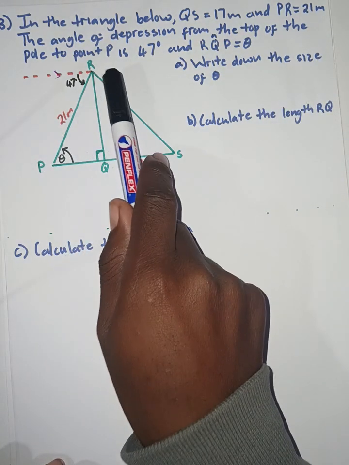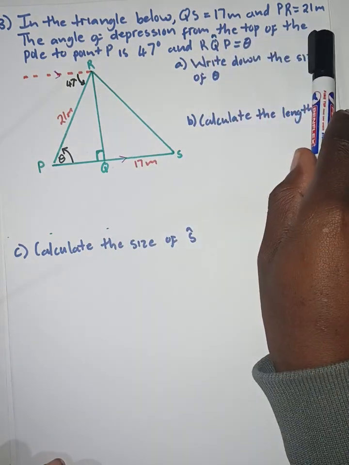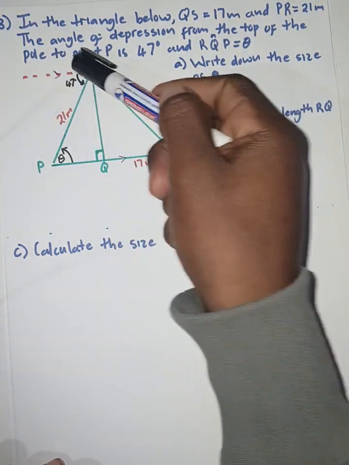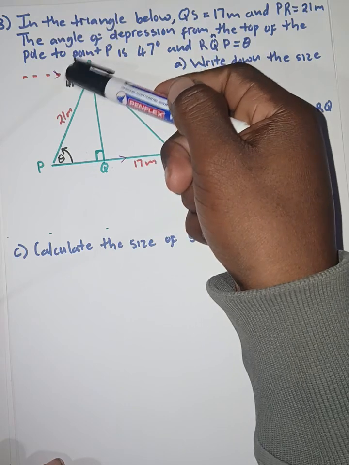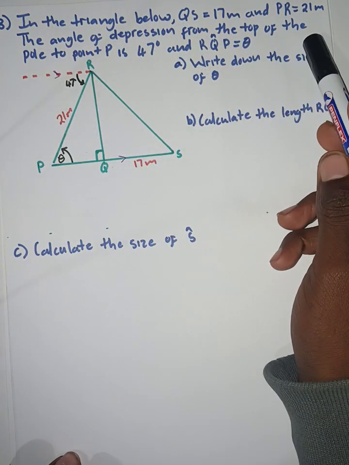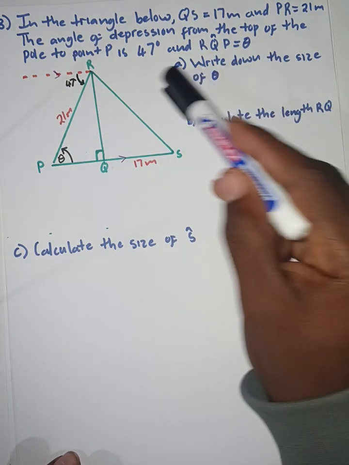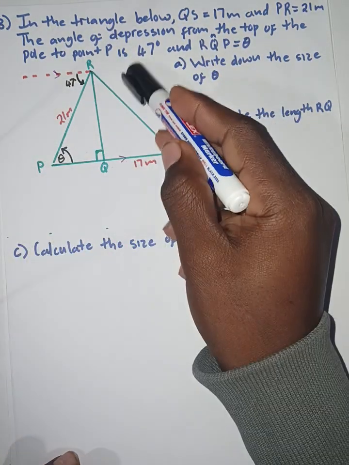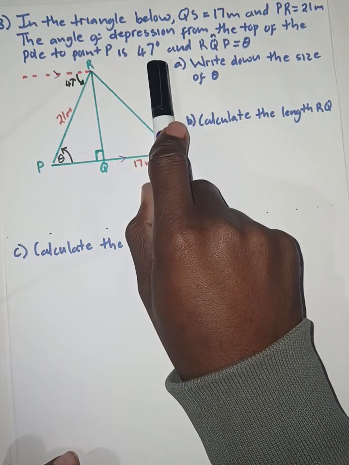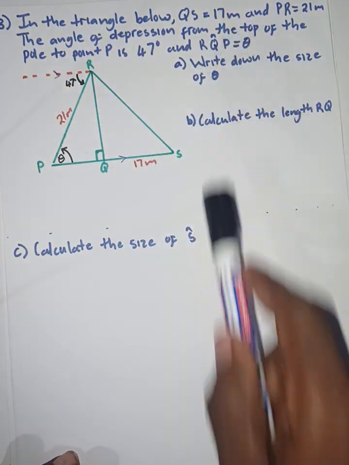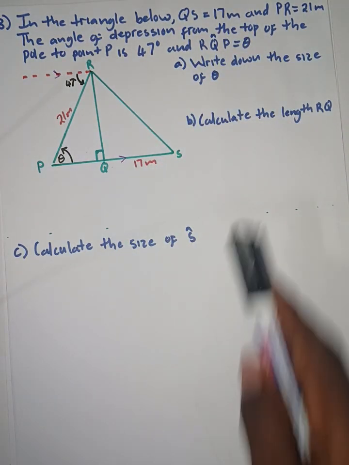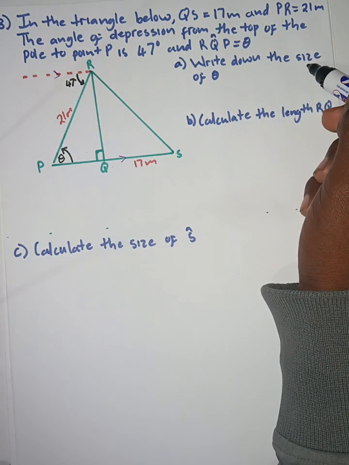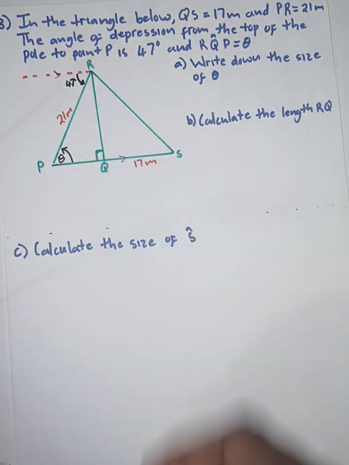They say the angle of depression from the top of the pole, so we have this pole there, and that angle of depression there, from the top of the pole to point P, is 47 degrees. And then they say RQP is theta. Write down the value of theta. So the value of theta in this case would be 47.